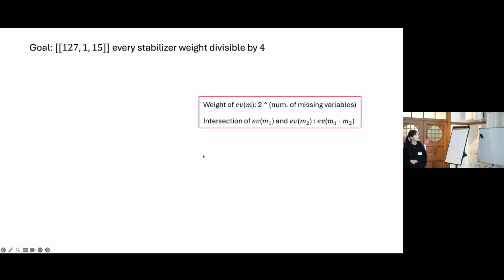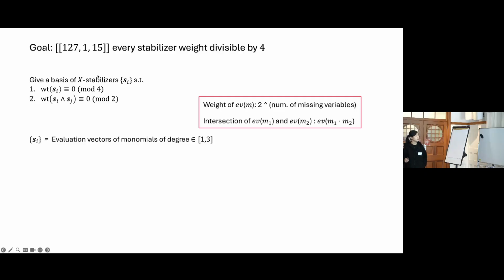So first of all, for this D equals 15 code, I will give you a basis of X stabilizer that satisfies this. It turns out that you only need evaluation vectors of monomials of degree 1, 2, 3. We don't need degree 0, because the degree 0 polynomial is just the constant 1, and this was taken as the X logical.